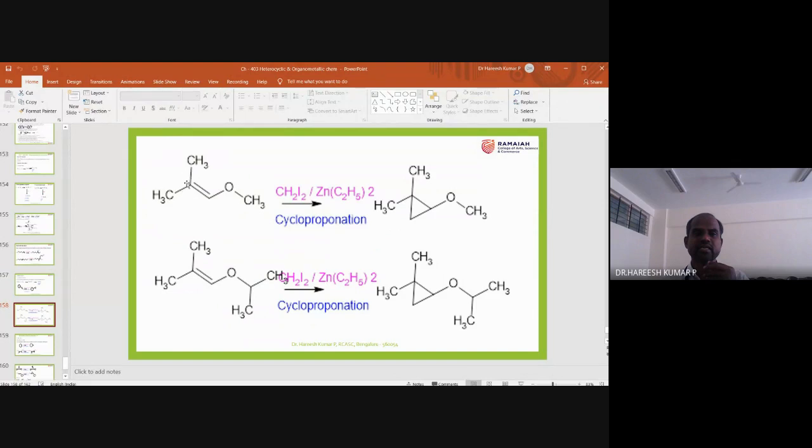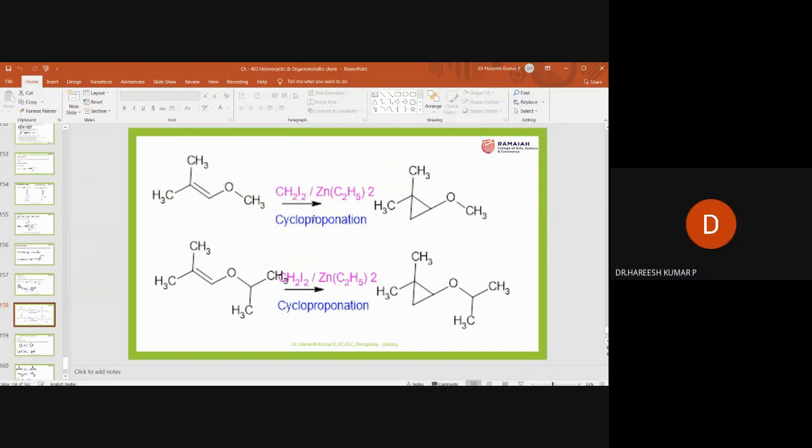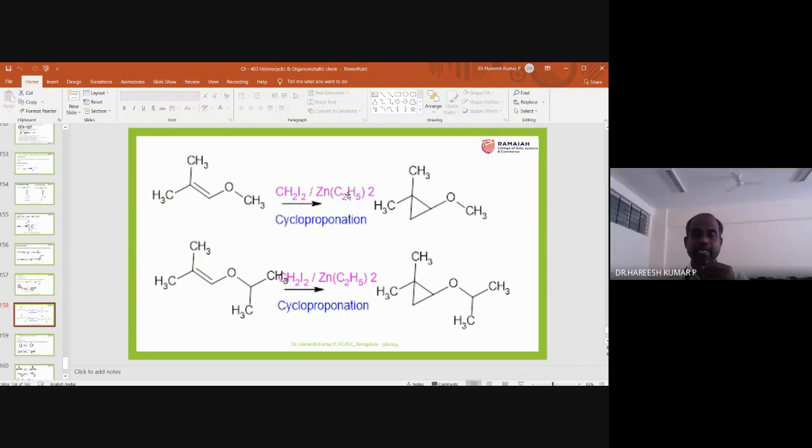When this double bond is treated with diiodomethane in presence of dialkyl zinc, it's a cyclopropanation reaction. So this double bond is converted into cyclopropane. Similarly, this compound is also converted into a cyclopropane compound.